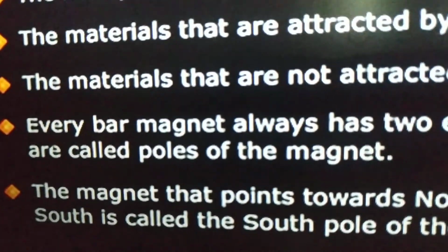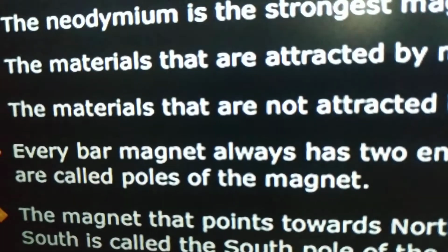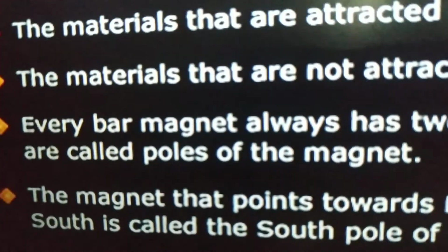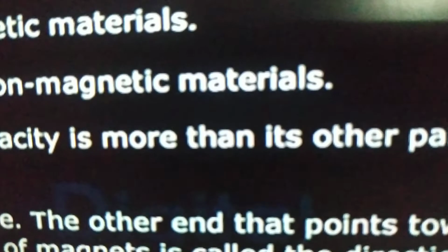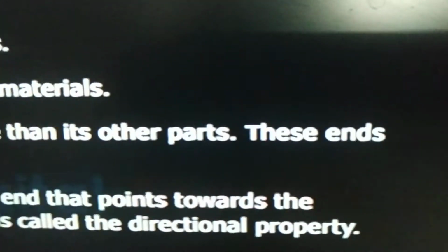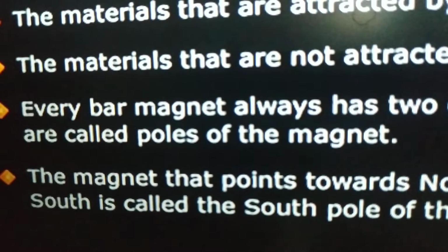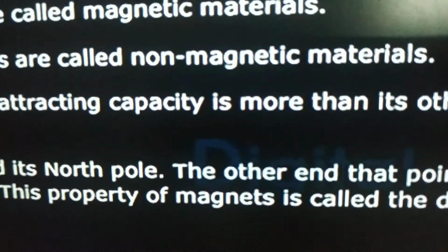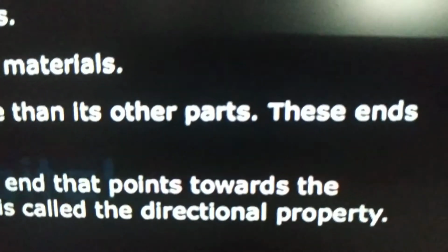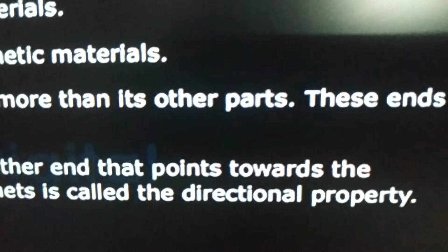That means the magnetic property is possessed more at the poles. The end that points towards north is called its north pole. The other end that points towards the south is called the south pole of the magnet. This property of magnets is called the directional property.